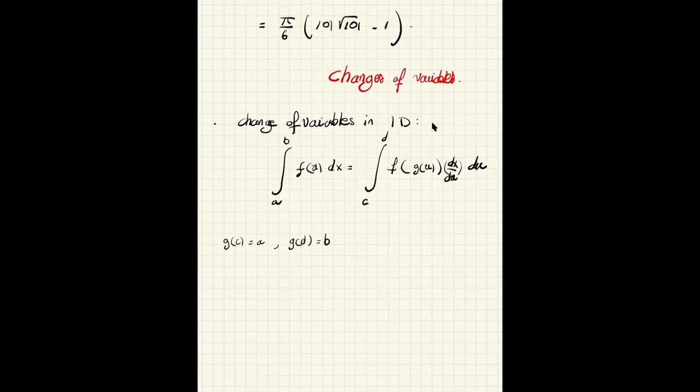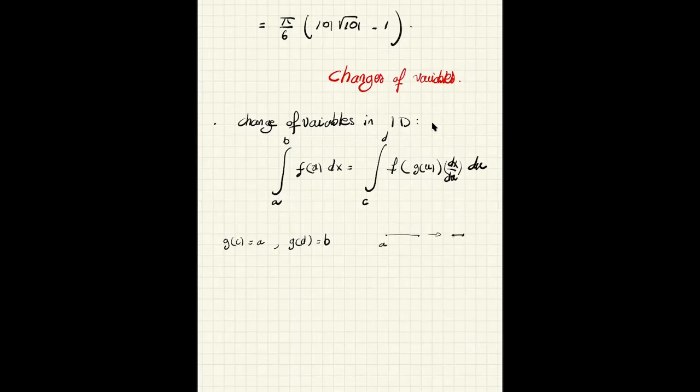Now we would like to know what is the analog of this change of variable in 2D, right? It is going to be a bit more complicated than this, because in 1D, you are transforming one interval into another one. There isn't that much. A continuous transformation of a segment is going to change the endpoints. That's the only thing that's going to happen.